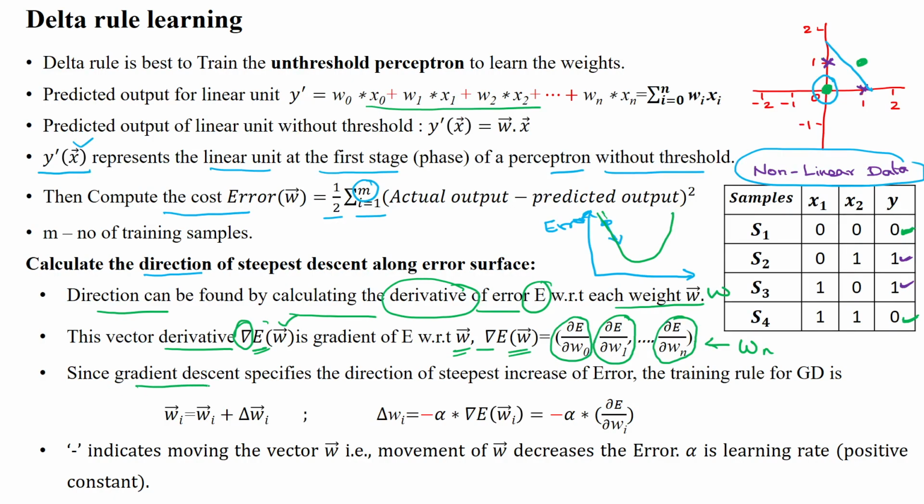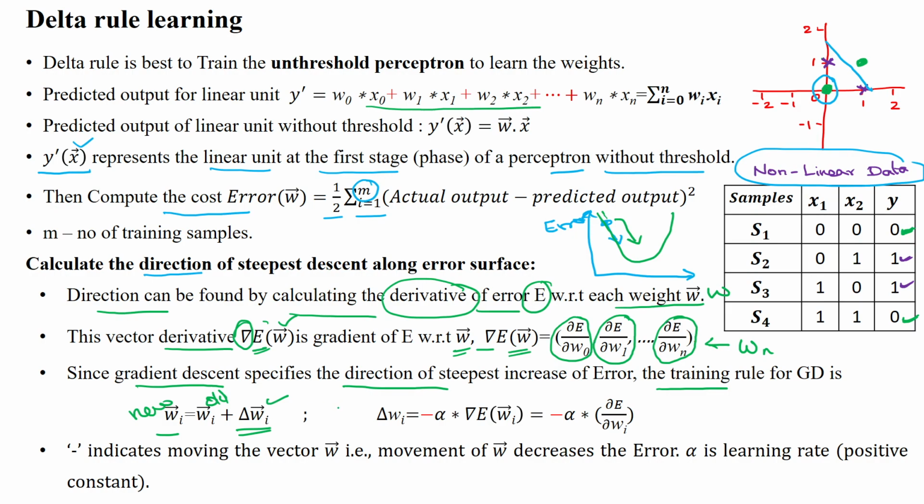Since the gradient represents the direction of steepest increase of error, the training rule for gradient descent is: new wi equals old wi plus delta wi.